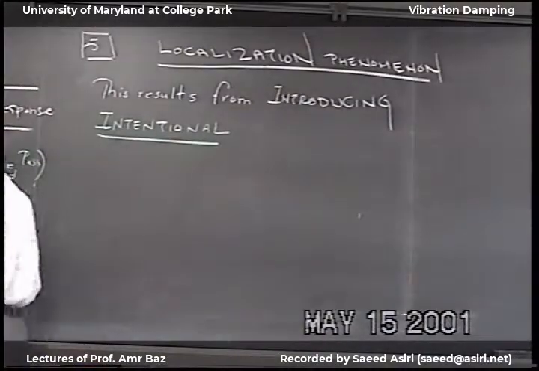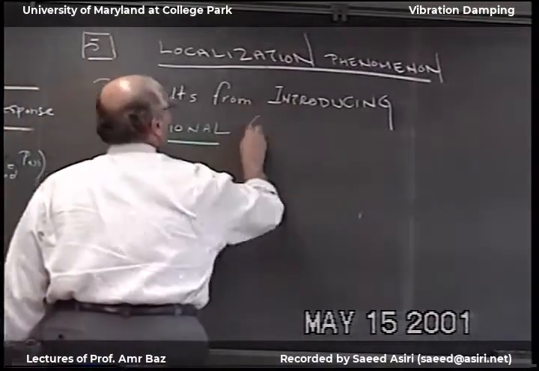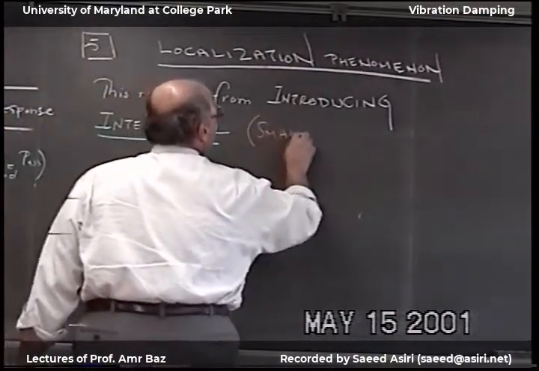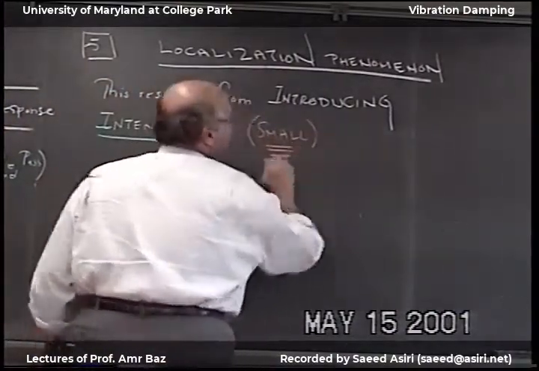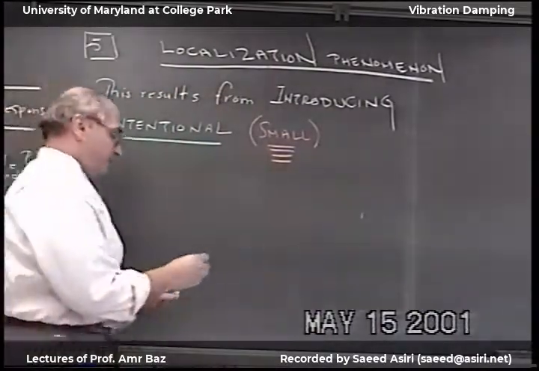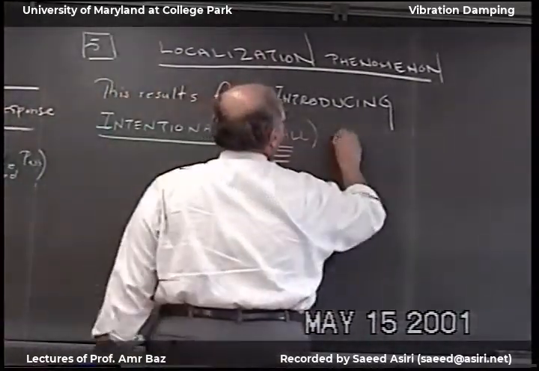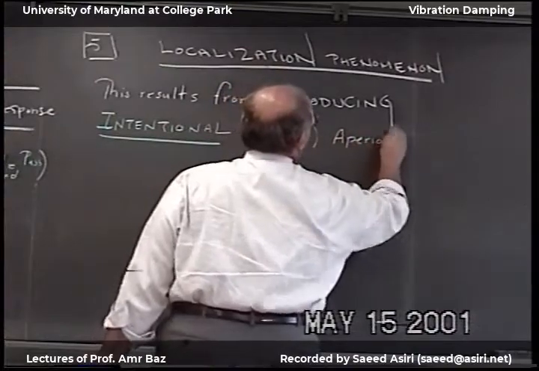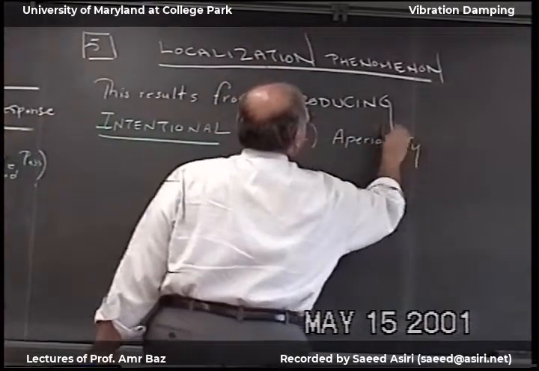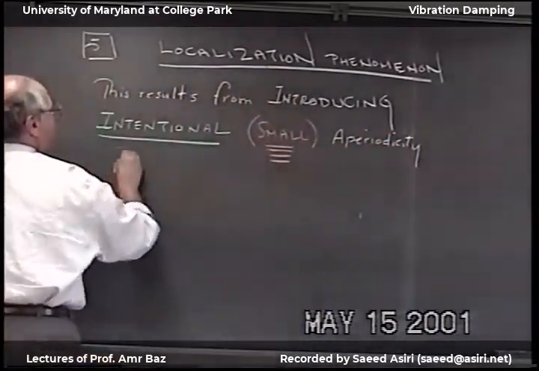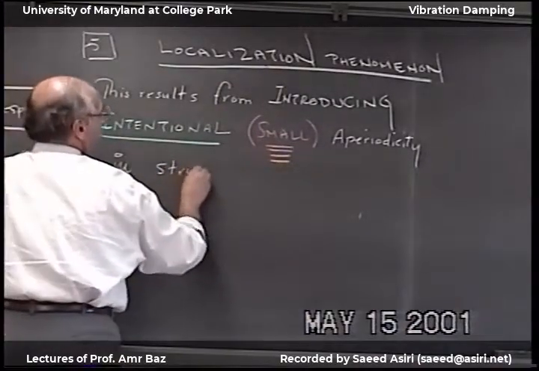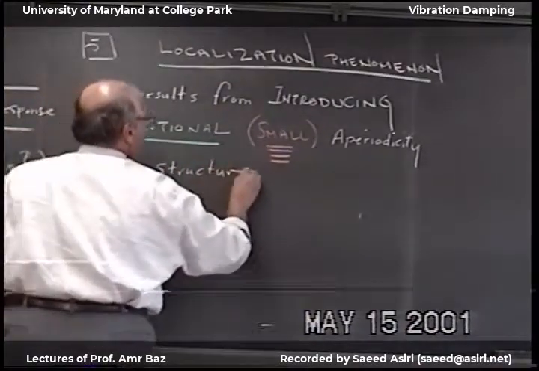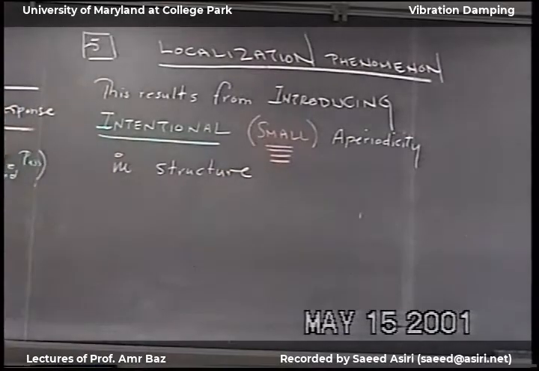And we can say intentional small aperiodicity in the periodic structure. And the result of all this, the vibration is localized near the source of excitation.